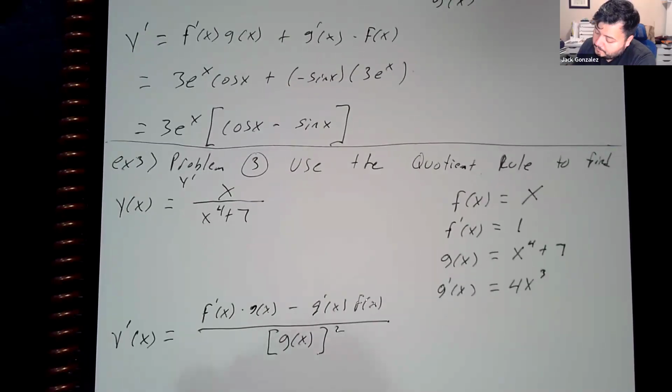So f prime is 1 times g, which is this, minus g prime, which is 4x cubed times x.